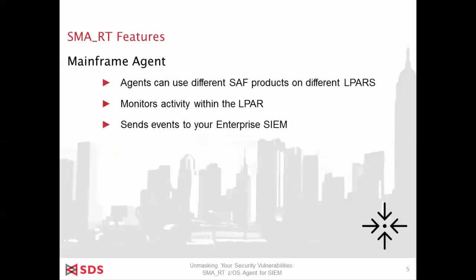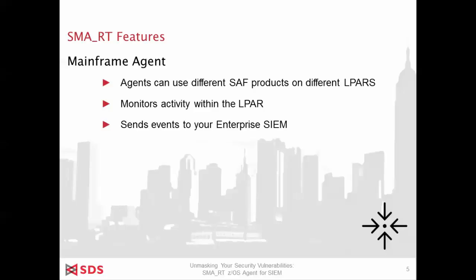SMART mainframe agents process in different LPARs, and they are not required to have the same mainframe SAF product, but can work with all or combinations of existing SAF products. So for example, if you have one CEC that's maybe running ACF2 and another CEC running RACF, we don't really mind. We can work with either one of those. That is no problem at all to the SMART product.